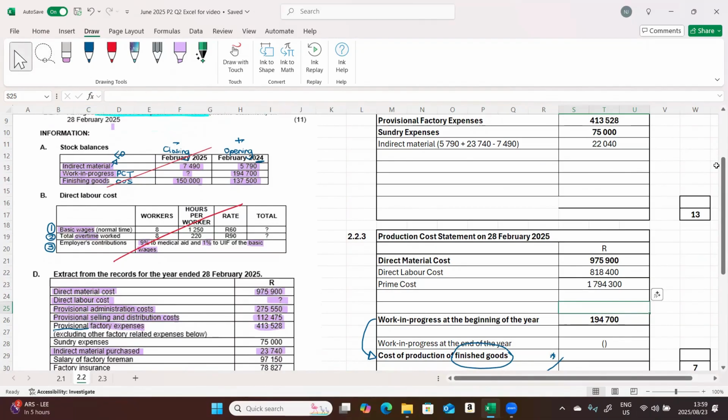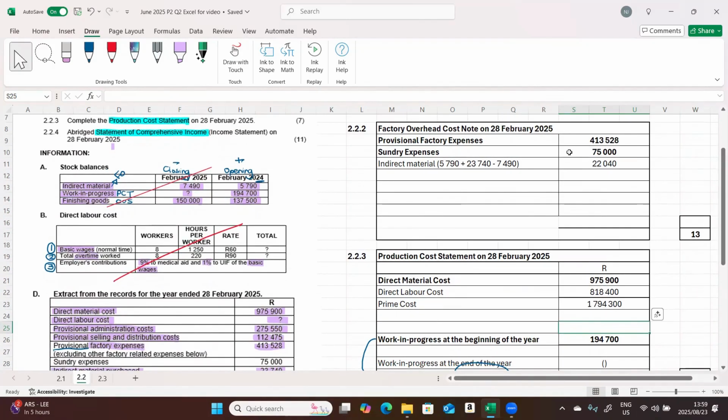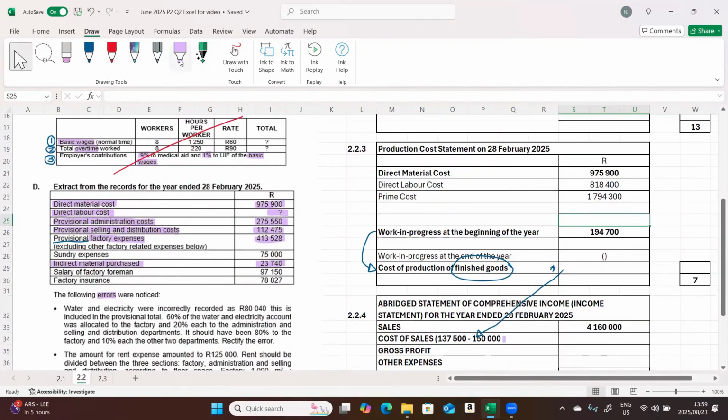The total of 75,000 is in my factory overhead. So all these sundry expenses are factory related, and it's not there as a pre-adjustment amount. So should we need to make adjustments to sundry expenses, we are going to have to make them over here, not over here. Once again, the total 75 is already under factory overheads.